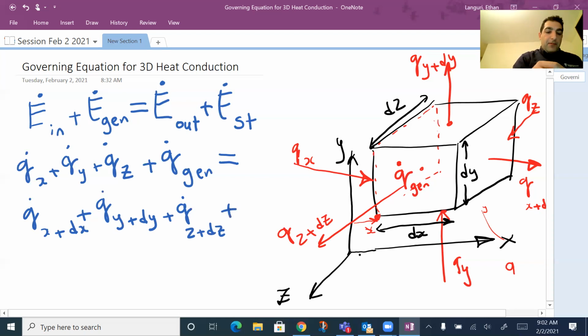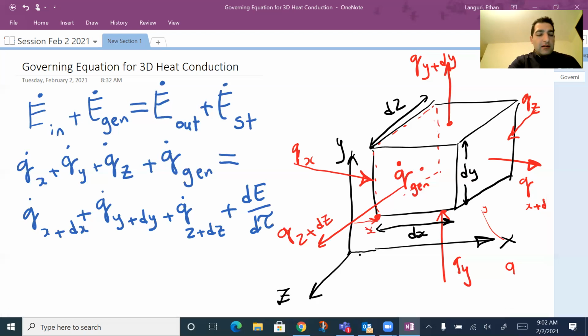And the portion which is stored inside the control volume, we can show it as variation of the energy over time, and we show it as dE over d tau. That takes care of the changes in internal energy of the volume, which we also show as the rate of energy stored in the control volume.